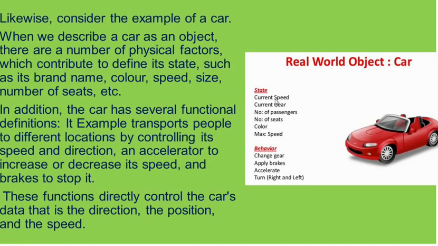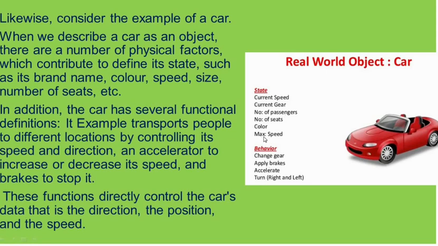So every object in this world has attributes like these. The attributes hold some value, and those values are called the state. And then an object also has different behaviors associated with it. Now the functions directly control the car's data. That means these functions control this data.